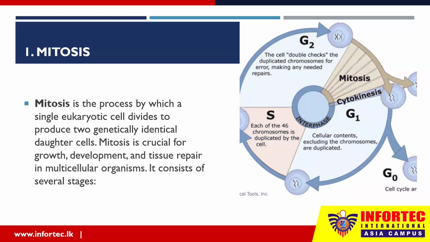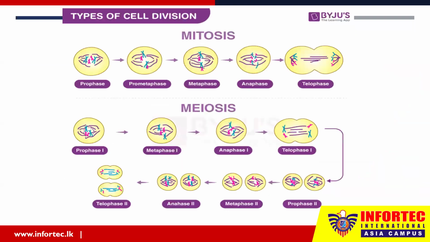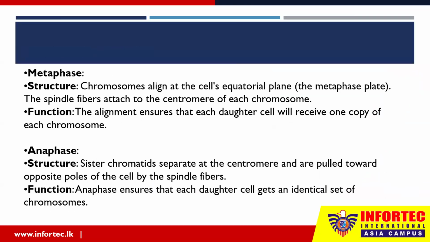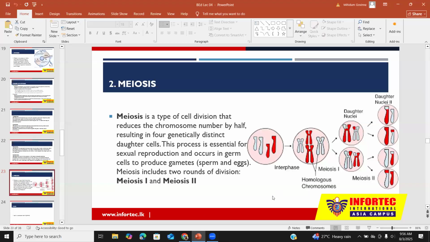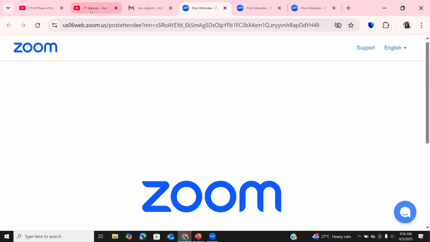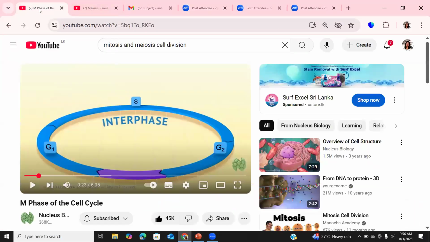The four phases of mitosis are prophase, metaphase, anaphase, and telophase. So here is the structure. Before going to meiosis, I'd like to show you a YouTube video, then you can get an idea about the process of mitosis.